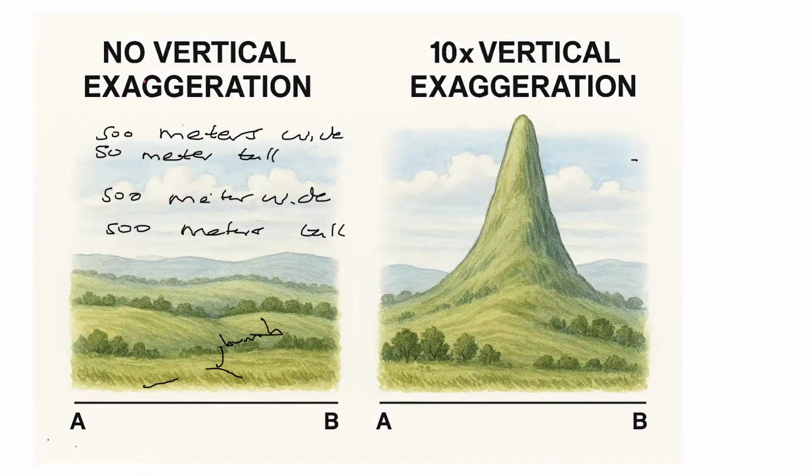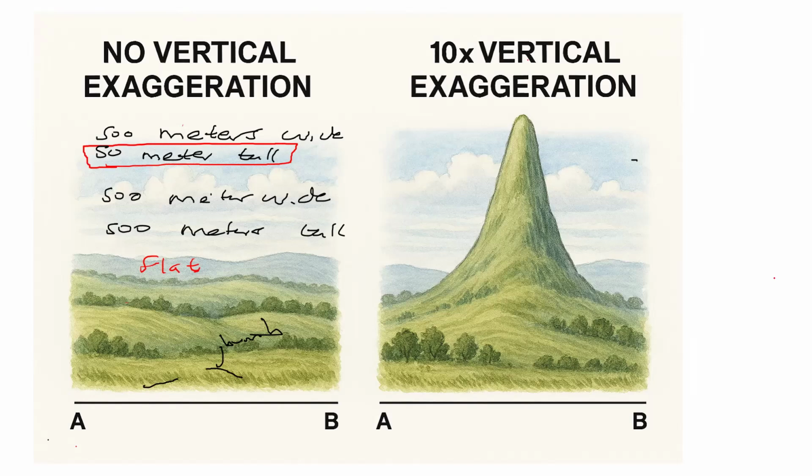In real life, you see here no vertical exaggeration has been applied, wherein we have something that is 50 meters tall. So these terrains appear to be almost flat. They are not easy to see, visualize or analyze because no vertical exaggeration has been applied.